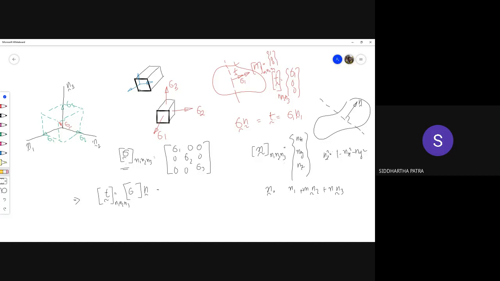Again, nx, ny, nz are not the correct representation. Let's call them alpha, beta, and gamma. Okay, so can you tell me what would be the expression for t?